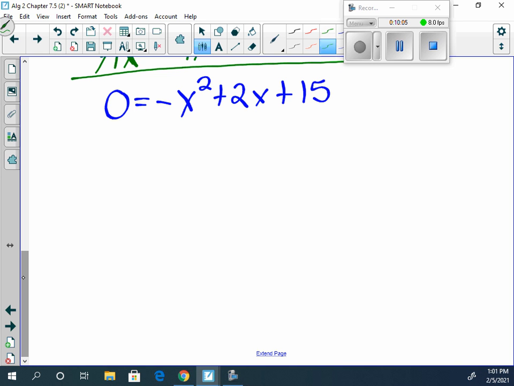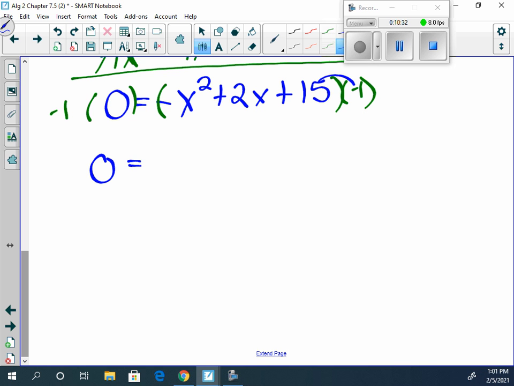What negative? Negative 1. Because we can come in and multiply the whole equation by negative 1. It's not going to change any of the numbers. It won't change the solution, but it'll make the term in front of x squared, our biggest exponent, positive because it's a little bit easier to work with. Well, 0 times negative 1 is still 0.